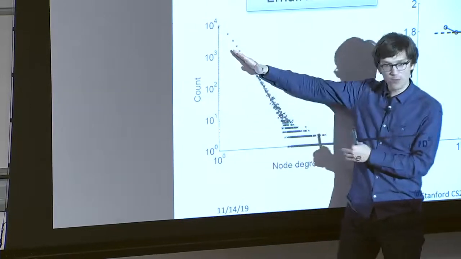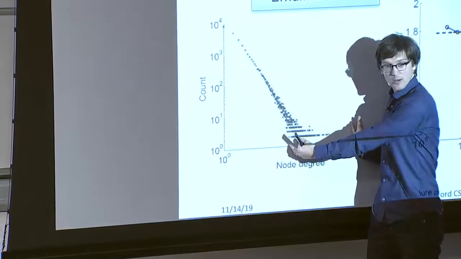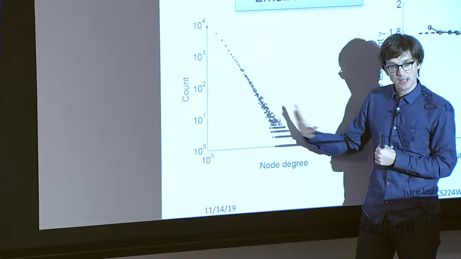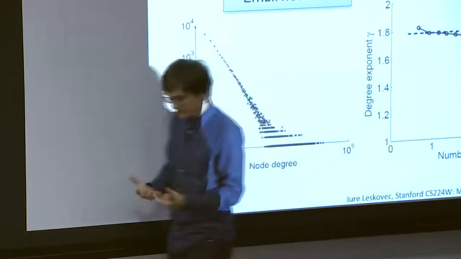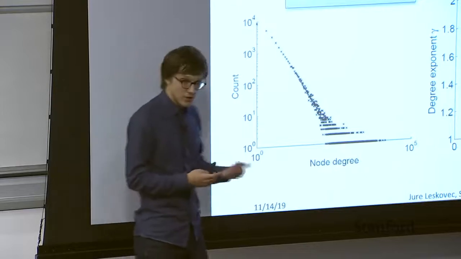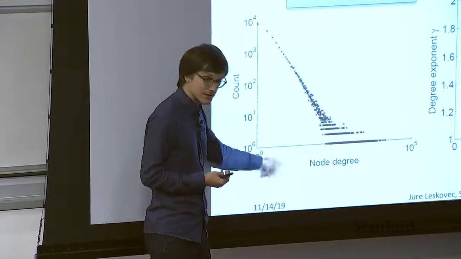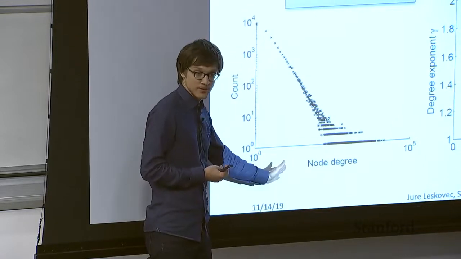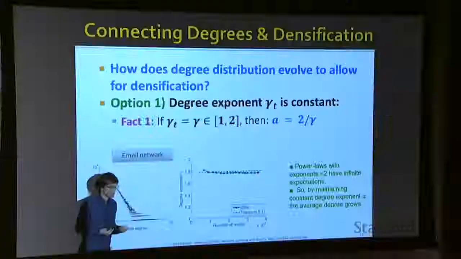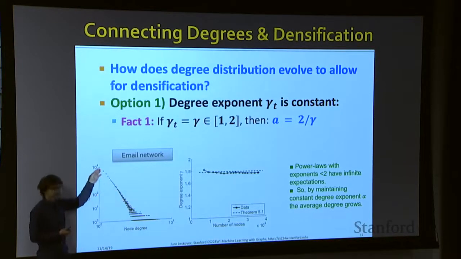The closer to 1 it gets, the more outliers you have in the tail. These distributions are fundamentally different from the exponential family distributions, Gaussians and so on, which on a log-log scale would just finish. Here, this has a lot of mass in the tail. So you have super high degree nodes, and most of the nodes have very low degree.